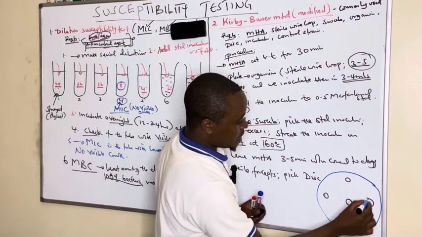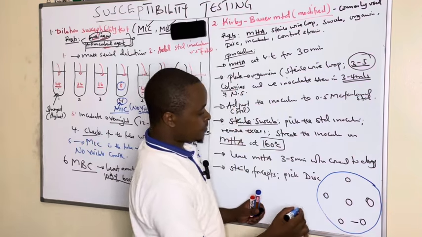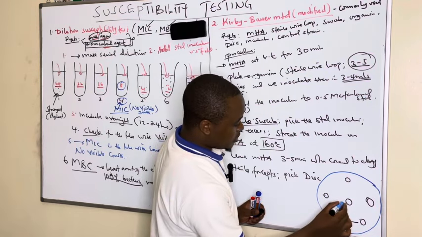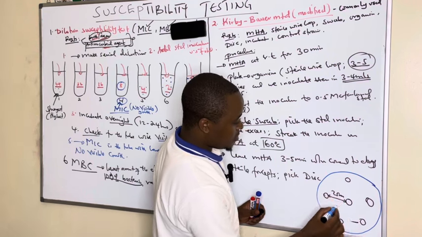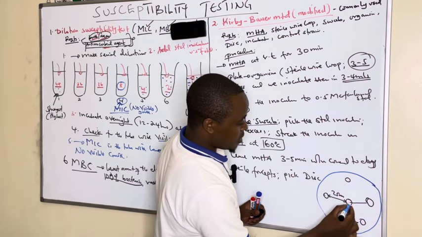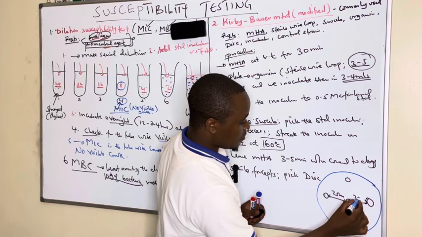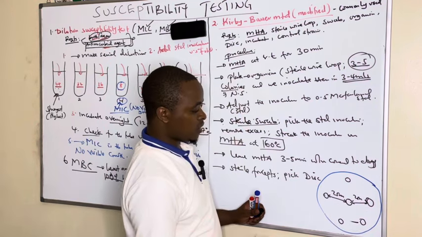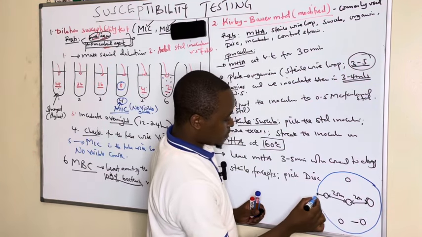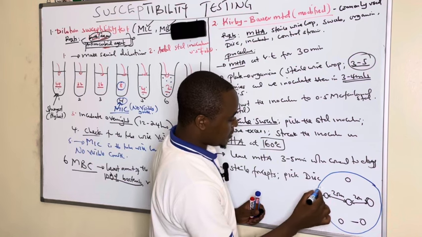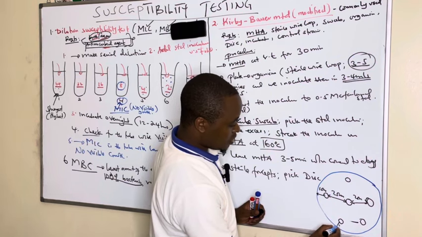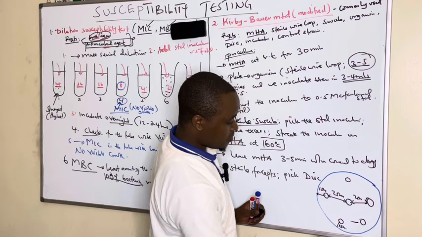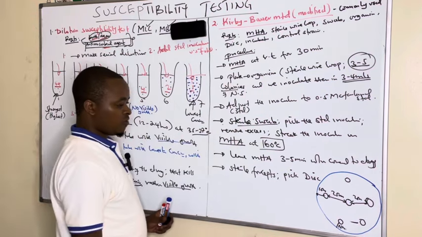And we say that these discs applied, 6 of them, in between them should have a distance of at least 25 millimeters, and from the margin it should be at least 15 millimeters away from the margin of the plate.